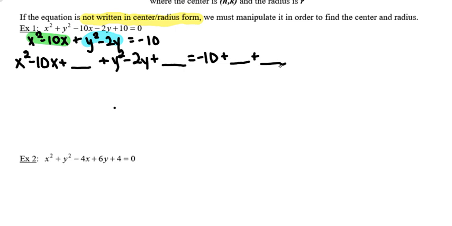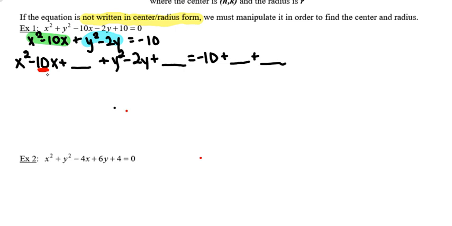And at this point now, I'm actually going to complete the square. In order to complete the square, I'm going to look at the coefficient in front of the x term. In this case, it's a negative 10. I'm going to take half of that value, square it, and add it to both sides. So when I take half of negative 10, I get negative 5.